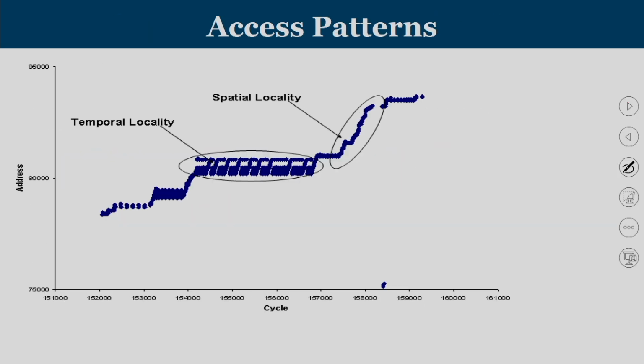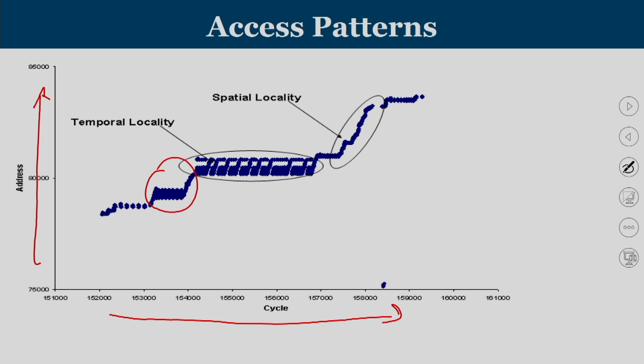Now, consider this access pattern where we can see the x-axis is your time and y-axis is the various addresses that are being accessed. So, as we can see, when we move across time, different addresses are being accessed and some of the addresses are being revisited. Especially here, we know that as the time proceeds, we are actually moving into different addresses.